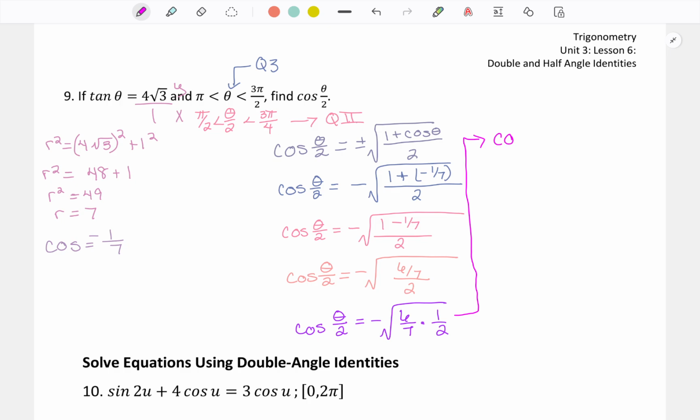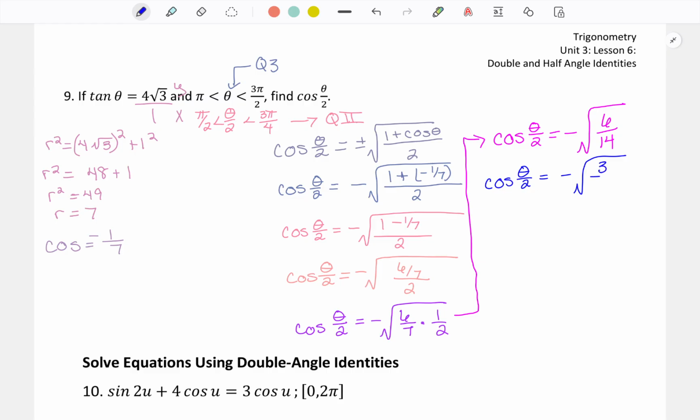And so then we have the cosine of theta over 2 equals negative square root of 6 over 14. And we have cosine of theta over 2 equals negative, and we can go ahead and just simplify.